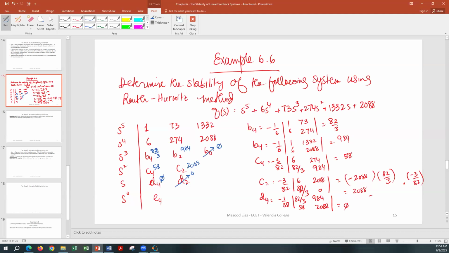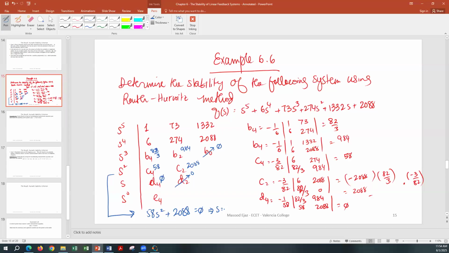How are you going to figure that out? You're going to go to the previous row, S square in this case, and you're going to create a polynomial out of that. So you're going to create 58s square plus 2088, and then solve this to find the value of S.